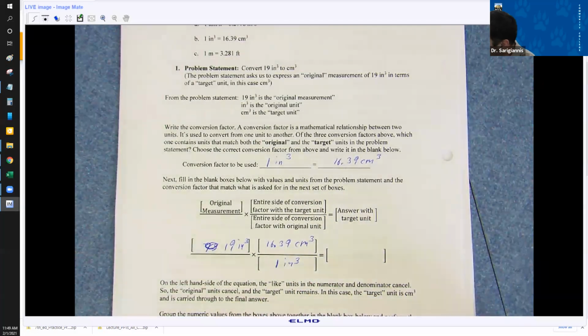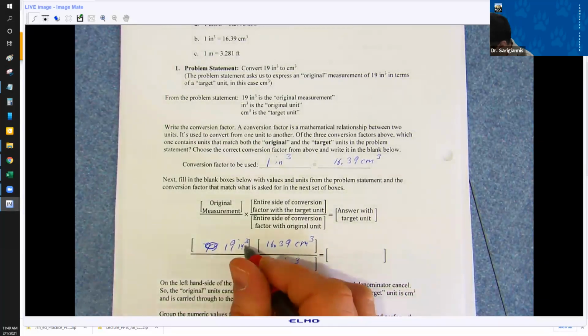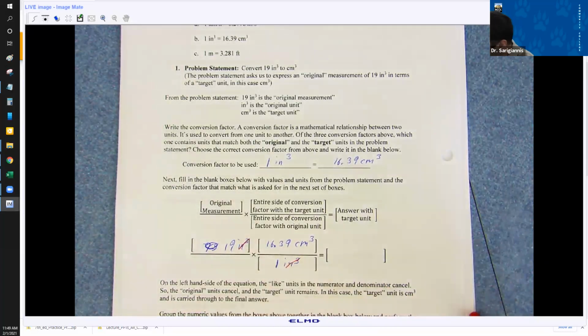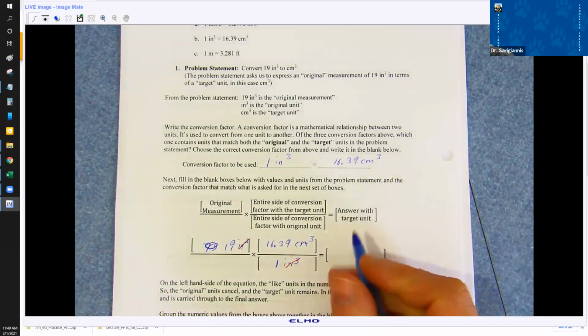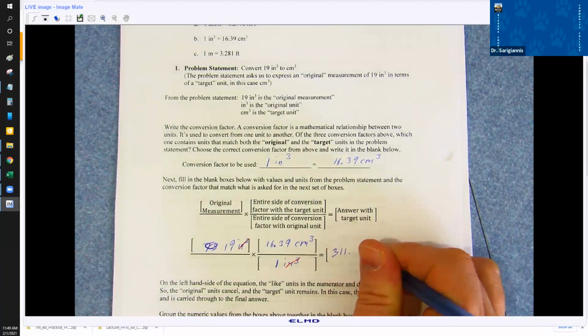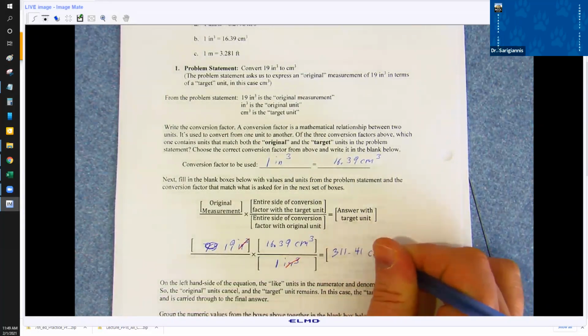And what happens? The units cancel out. The cubic inches and cubic inches cancel out, and we're left with 311.41. The units on this are cubic centimeters.